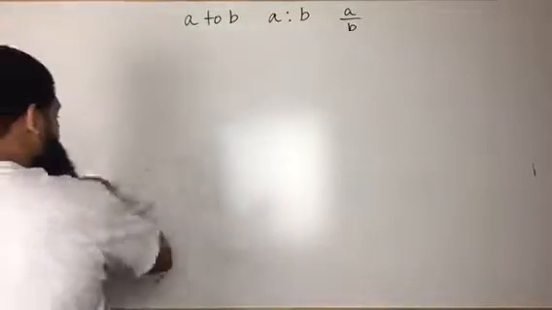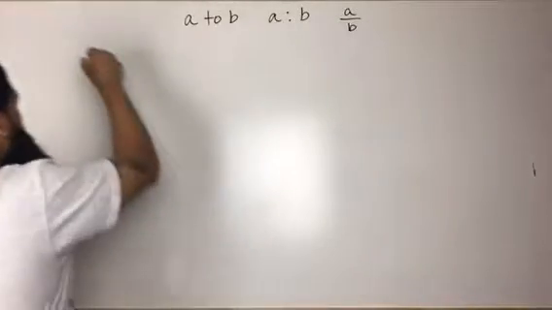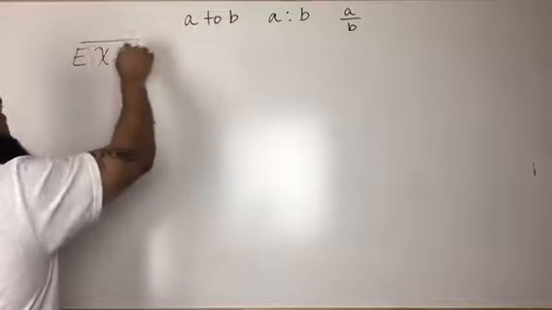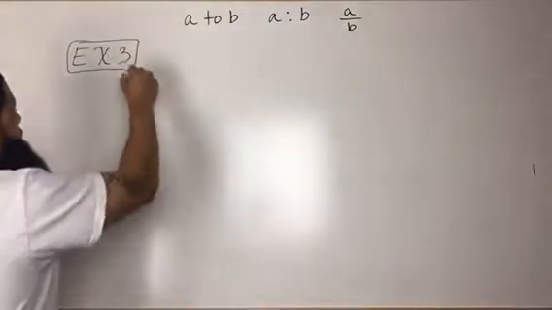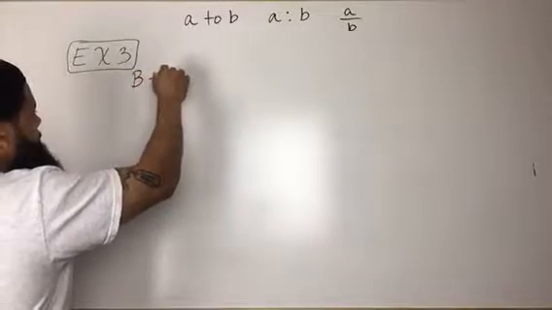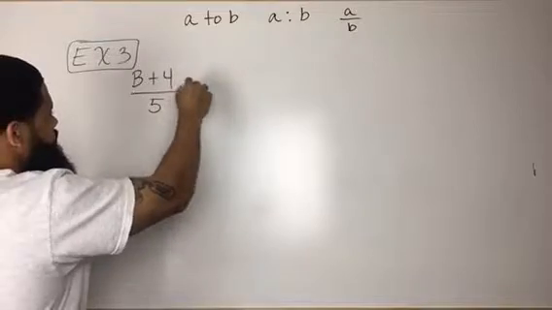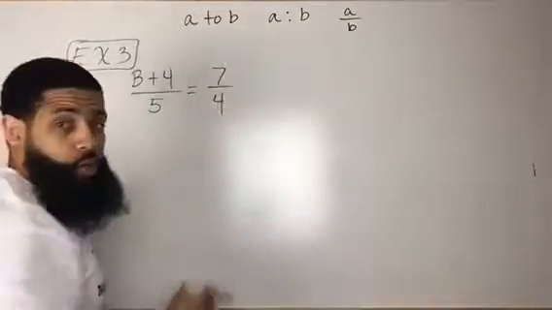All right, so for example, what if I have b plus 4 over 5 is equal to 7 over 4.